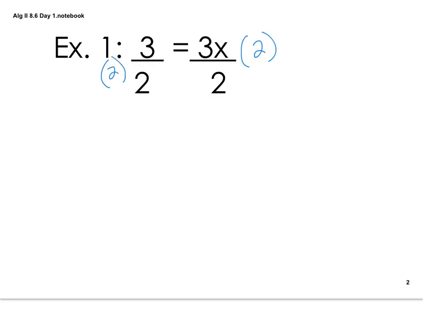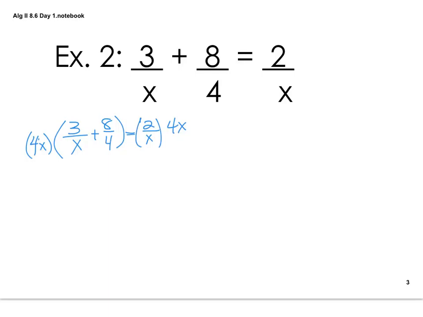When I do that, check out what happens. Those 2's cancel out, and basically I'm left with 3 is equal to 3x. And then I just need to solve it. When I divide both sides by 3, x is equal to 1.